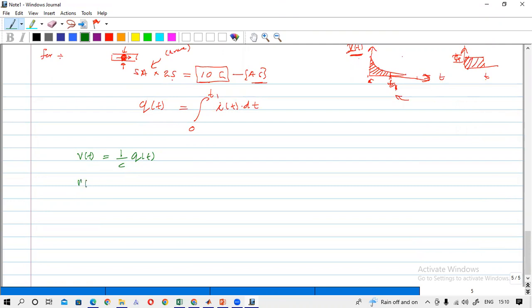Then V(t) is equal to 1 by C times the integral from 0 to T1 of i(t) dt. So you can get this expression, and this expression is valid.